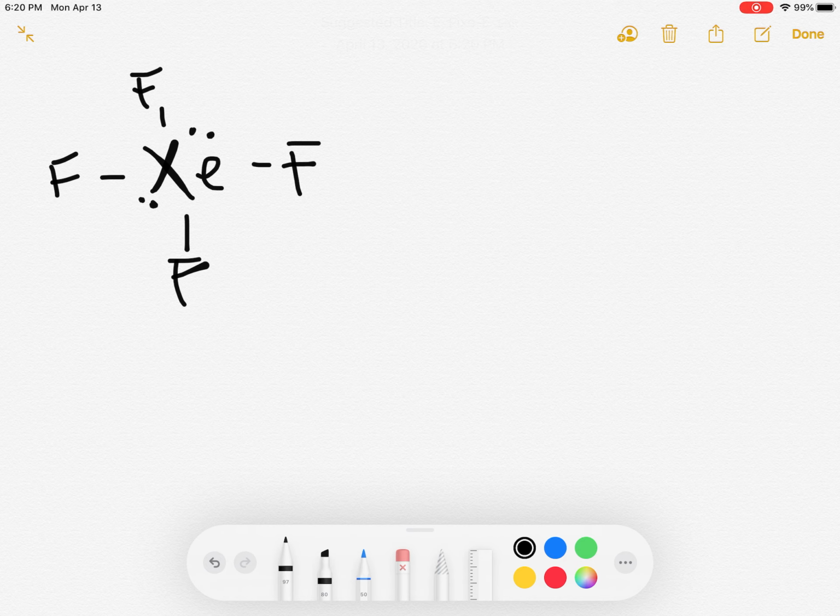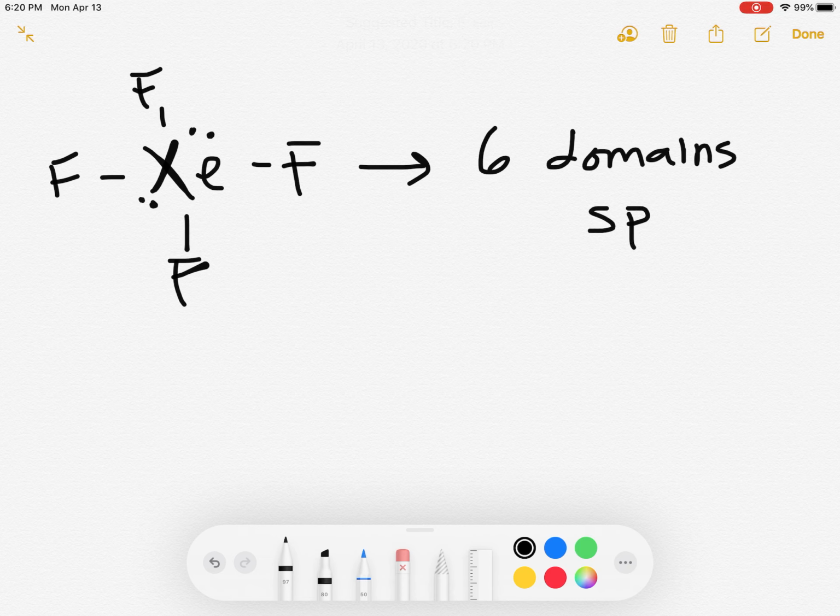I'm not going to put the dots on the fluorines, but around the central atom I have 6 domains. So that means I need an sp3d2 hybrid orbital. As long as I get the domains right around my central atom, I can easily figure out what hybrid orbital I need.